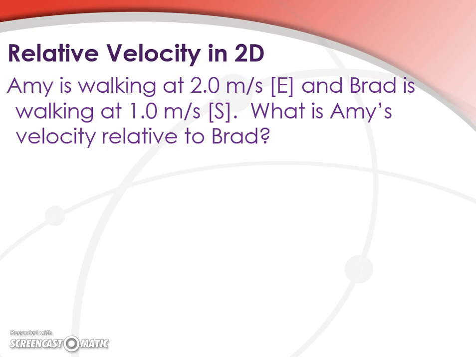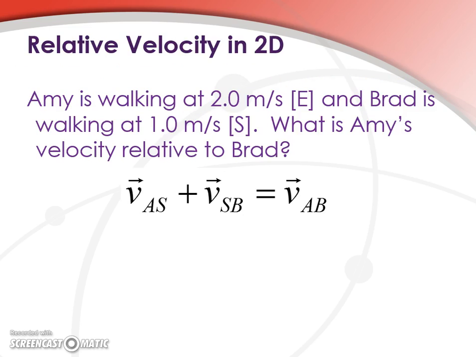Okay, we can do the exact same thing with regards to velocity. So Amy is walking 2 meters per second east. Brad is walking 1 meter per second south. What's Amy's velocity relative to Brad? And now we have to go back to our problem of designing our vector expression.